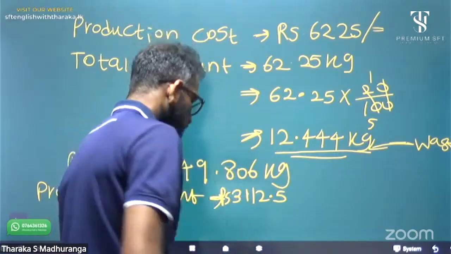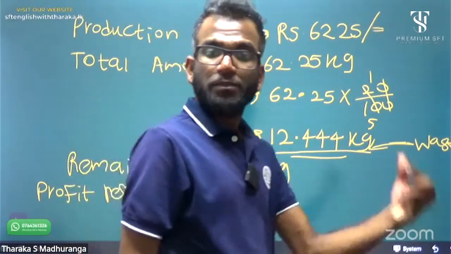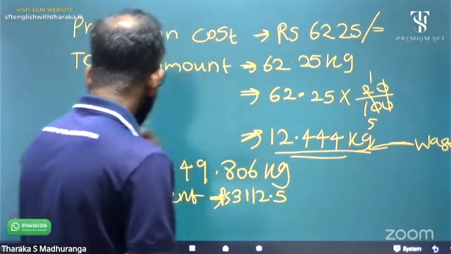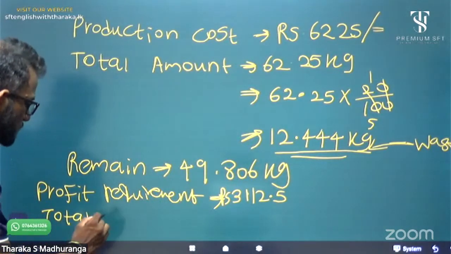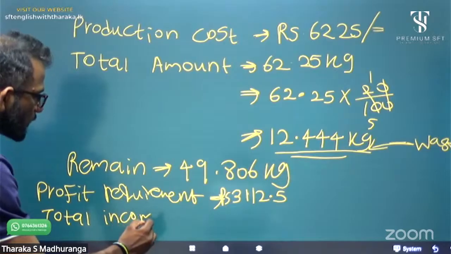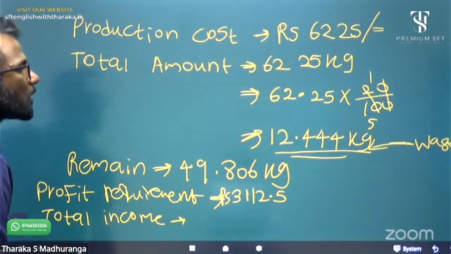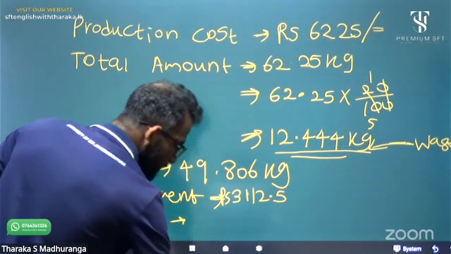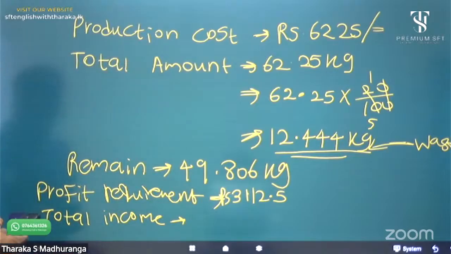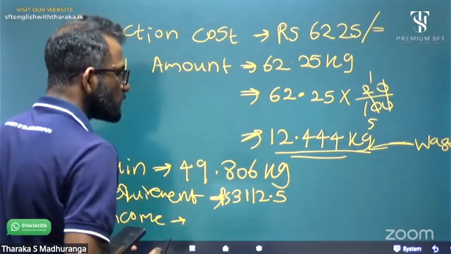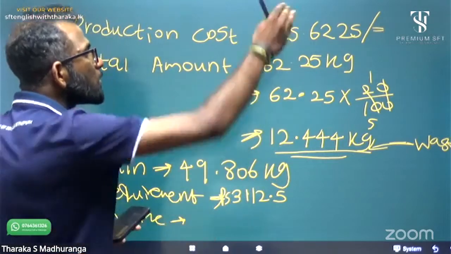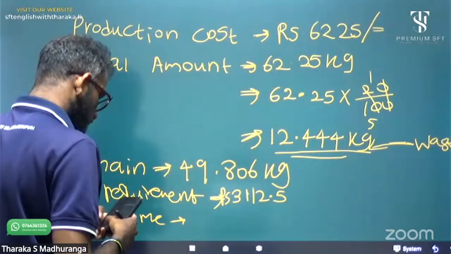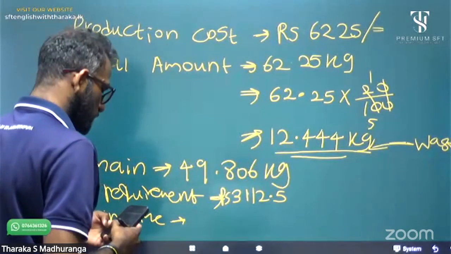That's the profit requirement. With profit, total income should be 3,112.5 plus production cost 6,225.